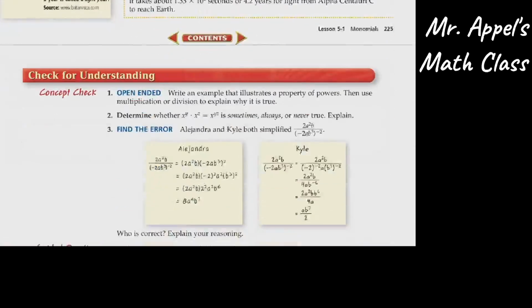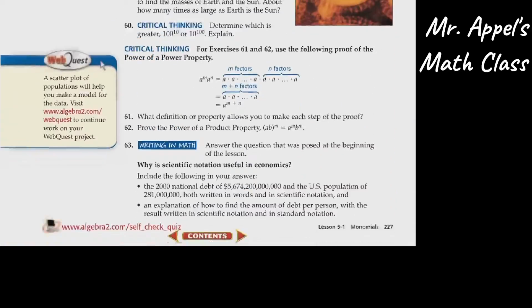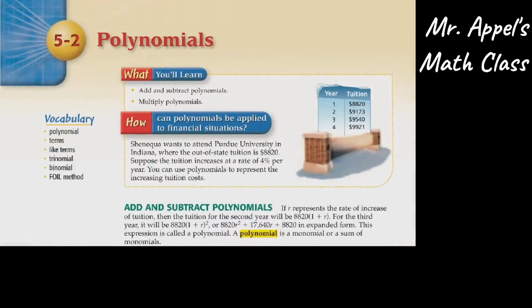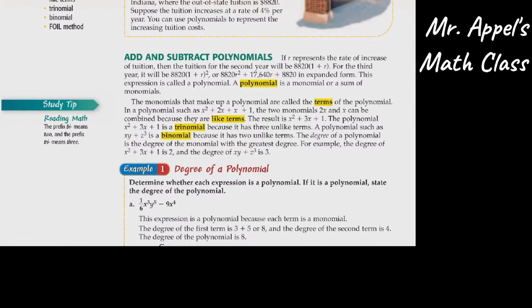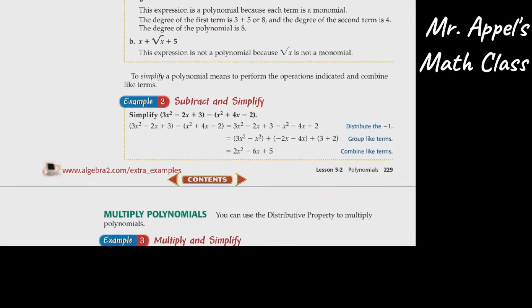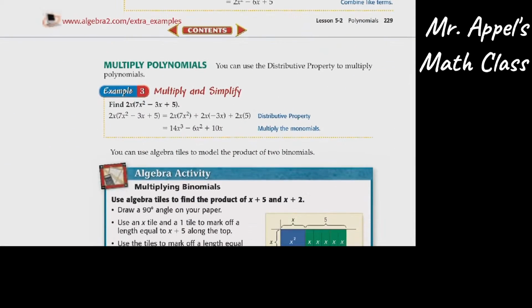So where it really starts to get interesting, we scroll through all of these. Once we get to polynomials that have like and unlike terms, we can get to the binomials. And we can multiply them by stuff. And now this is where the multiplication gets fancy.